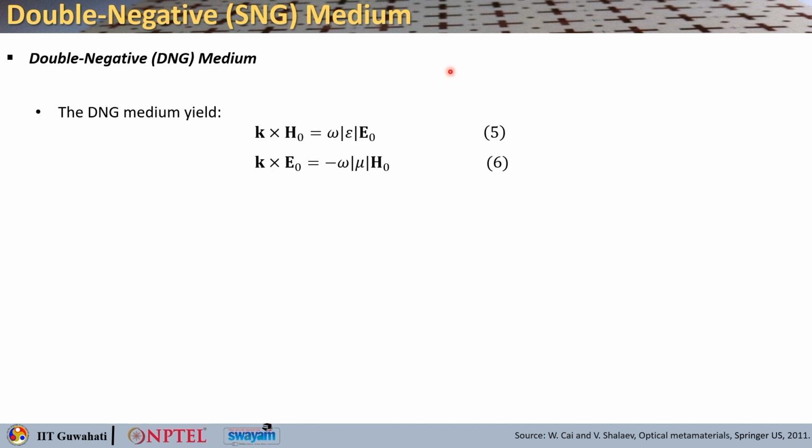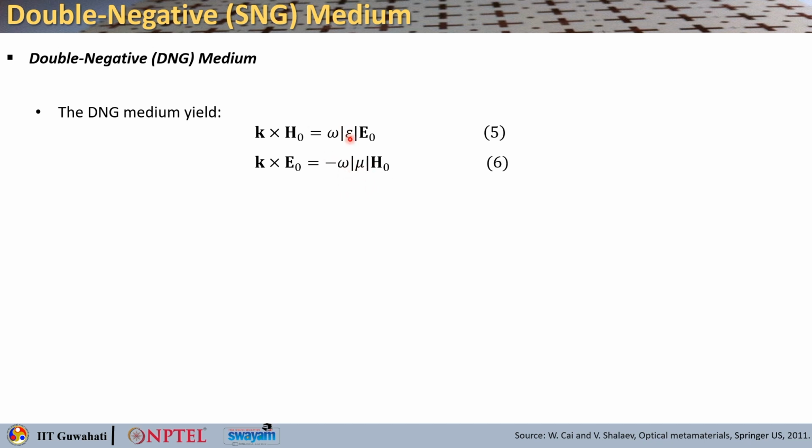So, if you go back to the previous Maxwell's equations and write them specifically for the double negative material, you will write k cross H naught equals minus omega modulus of epsilon E naught, and then k cross E naught will be omega modulus mu H naught.